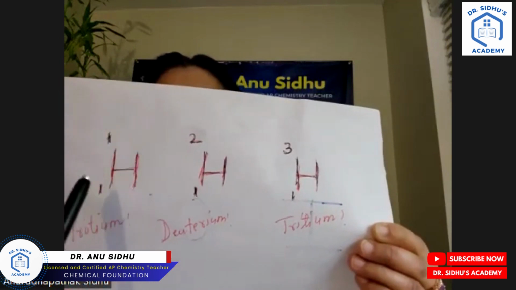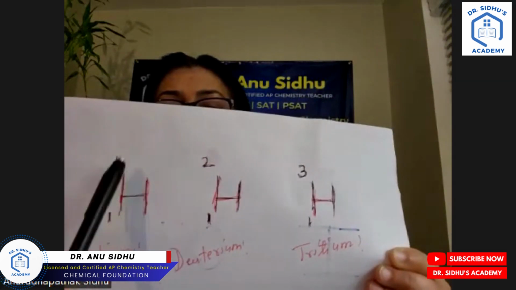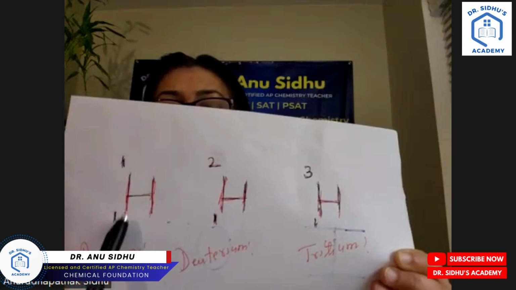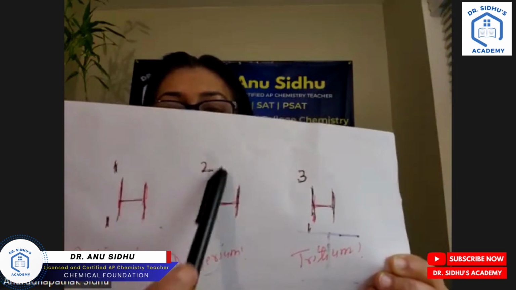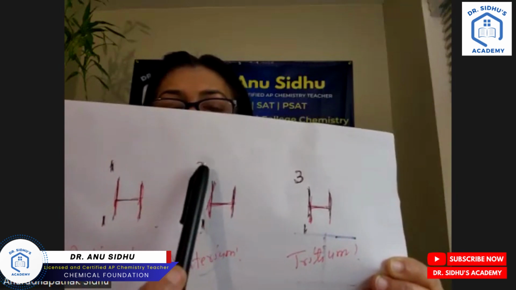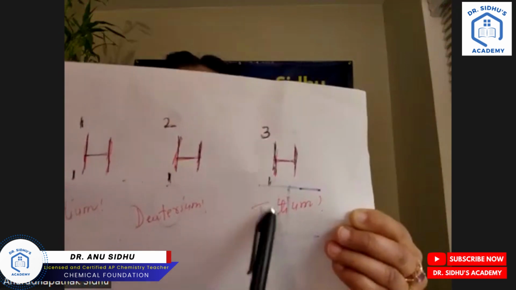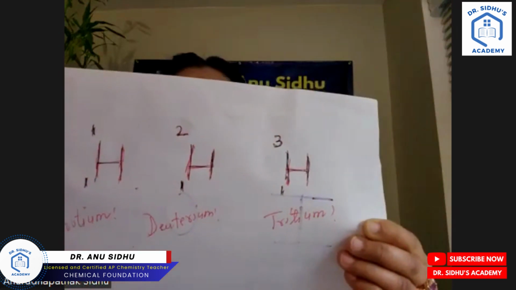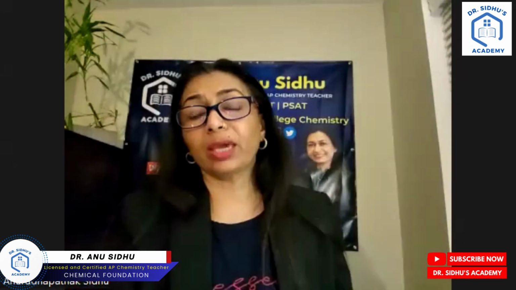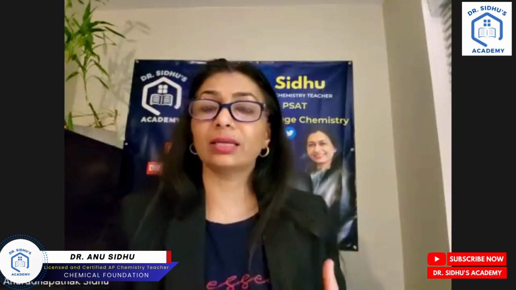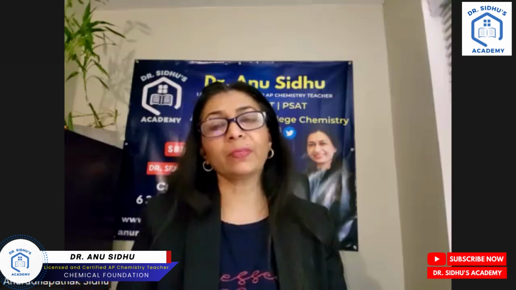To calculate the number of neutrons in protium, you subtract A minus Z. So 1 minus 1, neutrons are 0. For deuterium, A minus Z is 2 minus 1, which is 1. For tritium, the number of neutrons is 3 minus 1, which is 2. So you see with this simple example that it is the number of neutrons which differ in the isotopes of any element.